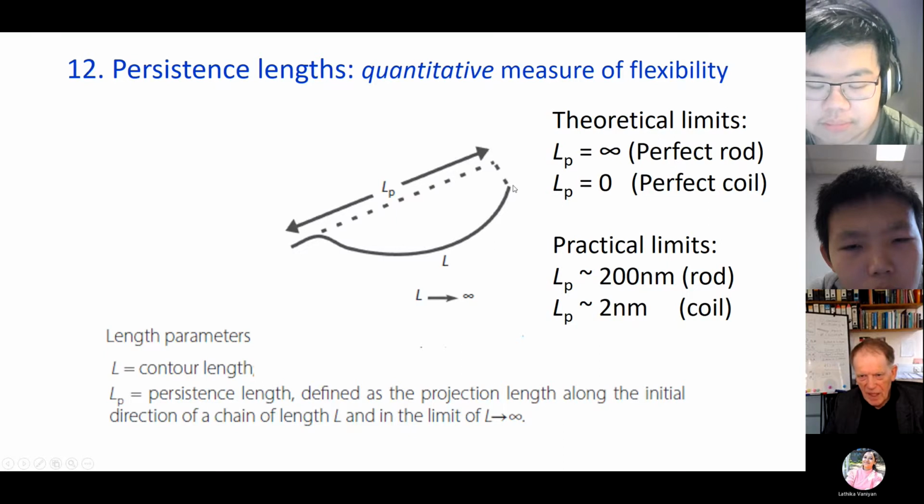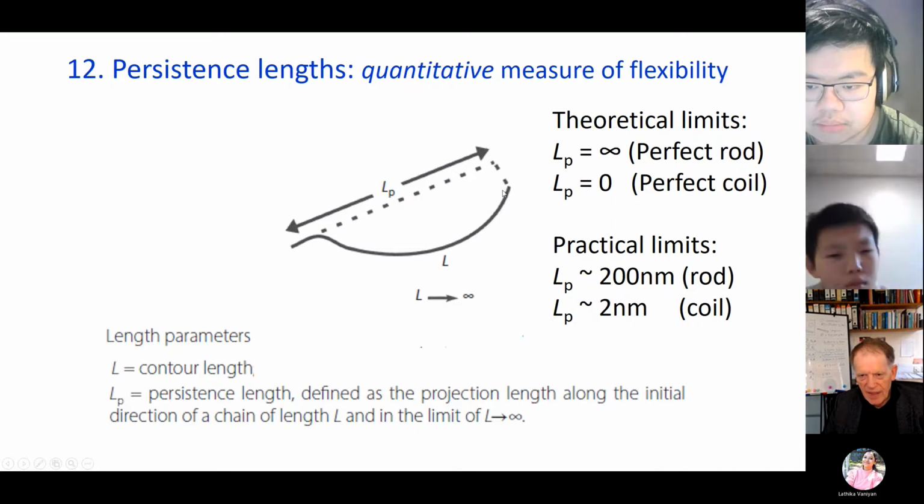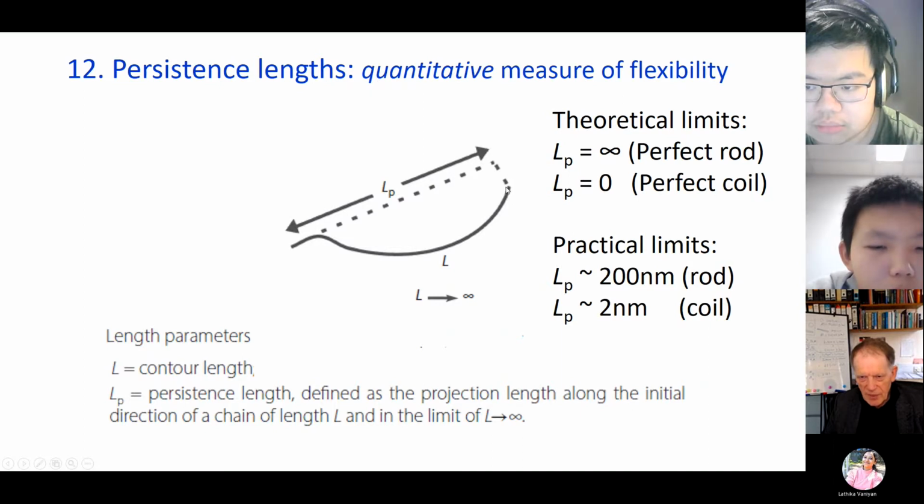Here's a linear molecule here, and its chain length or contour length is L. And the persistence length is the projection from the end point of the chain. So you drop a perpendicular, a right angle, to the original direction of the start of the chain.